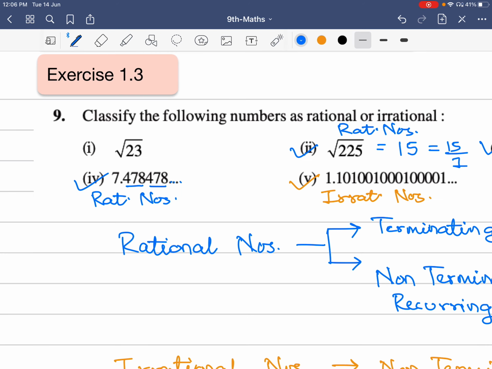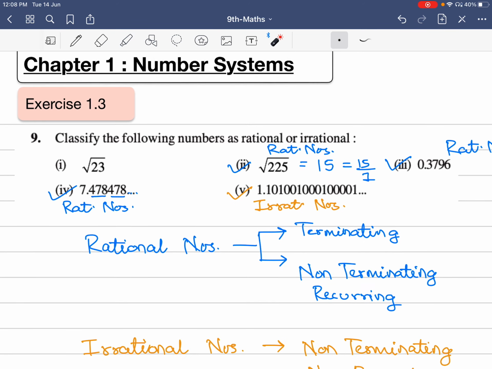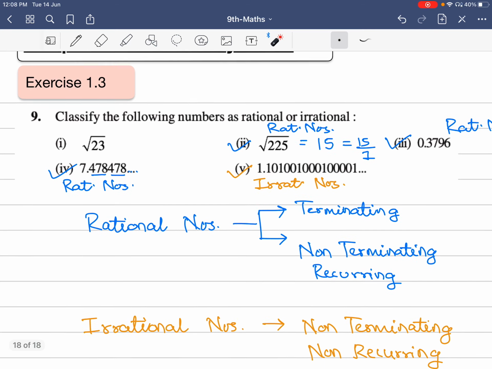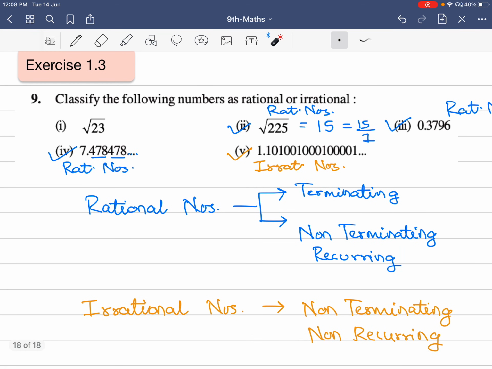And last but not the least is the square root of 23. How do we find whether the square root of 23 is a rational or an irrational number? For that we should perform the square root division to find its value. If we actually perform it, we'll find that it's an infinite non-terminating process, and the digits are non-recurring. They are not repeating.